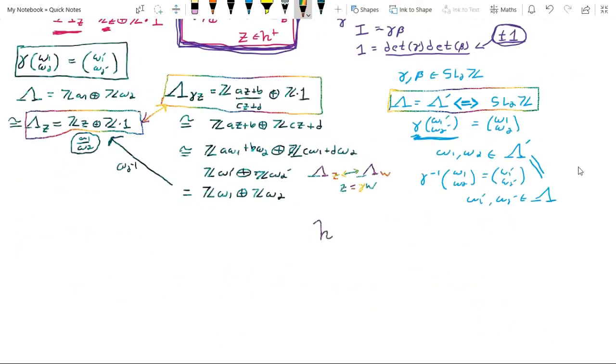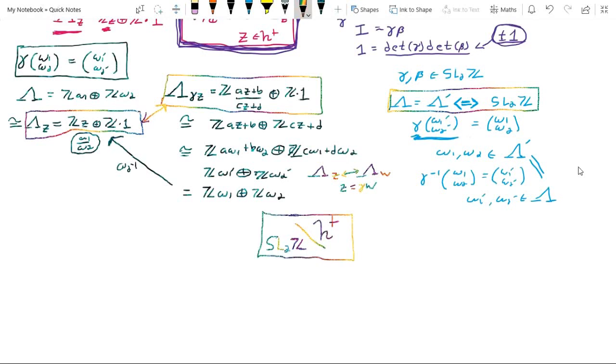Therefore, the complex upper half plane modulo the action of SL2Z, which we write on the left for reasons that become apparent later on in the study of modular forms, parameterizes complex elliptic curves.